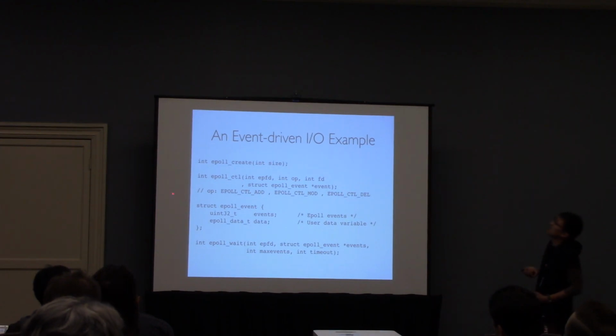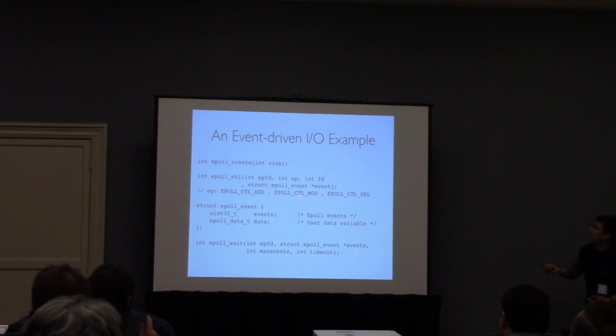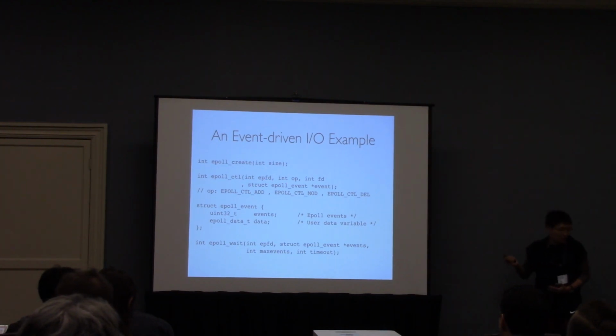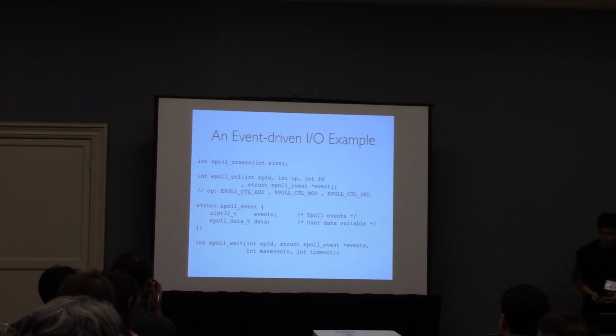The control has several operations. For example, you can add, you can modify, you can delete. And you have to tell the kernel what kind of event you are interested in. For example, you are interested in readability or writability. You use different event types. There's EPOLLOUT, EPOLLIN, something like that.